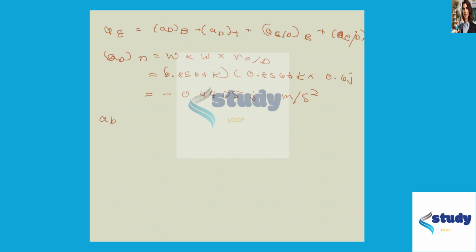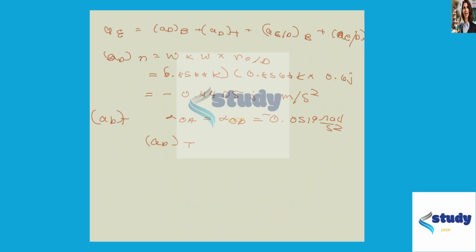Then ADT. We're going to consider that the angular acceleration of link OD has to be equal to the angular acceleration of link OA. So we're going to consider that angular of OA is equal to angular of OD. That equals negative 0.0519.